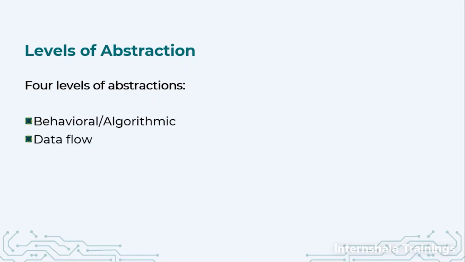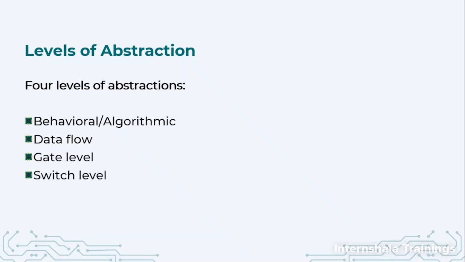Then comes the second level, which is data flow. In this type of modeling or programming, we are going to use the Boolean expressions which relate the outputs with inputs. And then we have another lower level which is at the gate level. Here we are going to write the code using logic gates. AND gate, OR gate, XOR gate, whatever gate you have studied. So we will be coding using these gates.